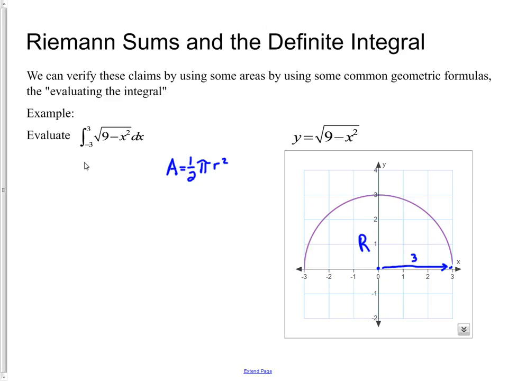And so to get our area, to get our definite integral, this would have to be the same as taking 1/2 pi times 3 squared. And so we would say that the estimate of this area is 3 squared times pi divided by 2, which is simply 9 pi over 2.